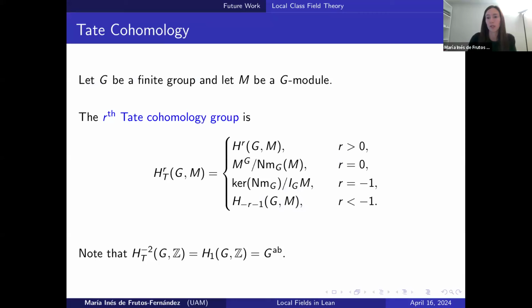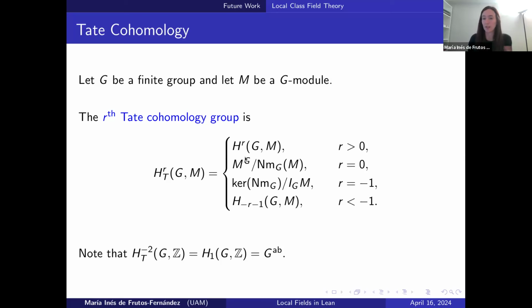So we are also going to need Tate cohomology. If G is a finite group and M is a G-module, we define the Tate cohomology groups. This is going to be an extension of cohomology where, instead of just allowing r to be a natural number, we are going to allow it to be an integer. The way we do this is, if r is positive, this is going to be equal to the Galois cohomology group.